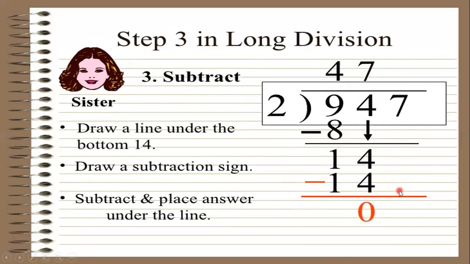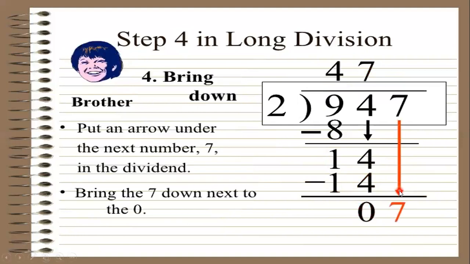I can bring down my next number. The fourth step is to bring down the next digit. I'm going to bring down the next digit 7, and if the number which I have just brought down is bigger than the divisor, I can continue the same step. So 7 is already bigger than 2, so I am going to repeat my step.